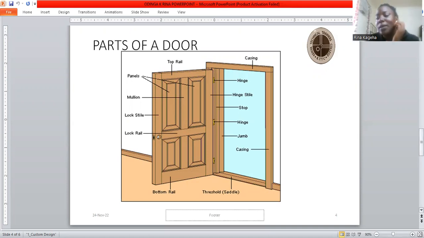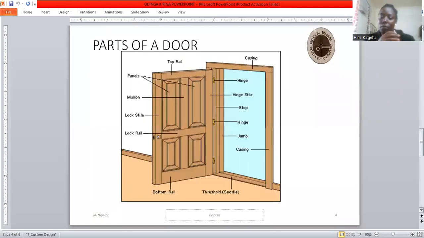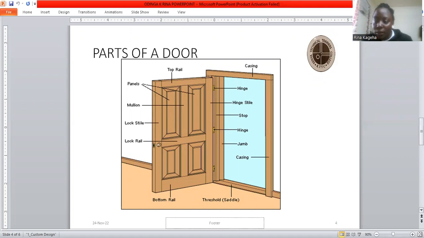Okay, let's go to materials for making doors. We have mentioned several materials. Someone to mention for us some of the materials used for making doors. Yes, we have timber. We have glass.